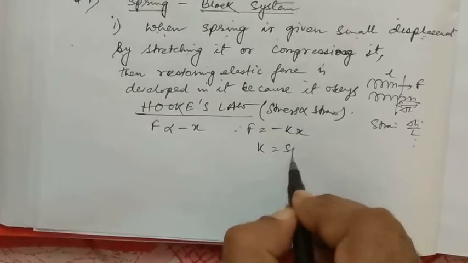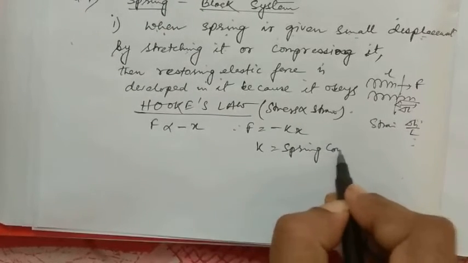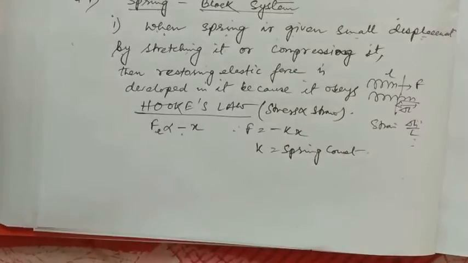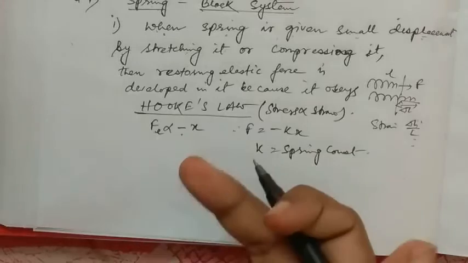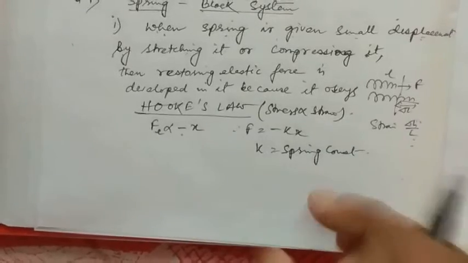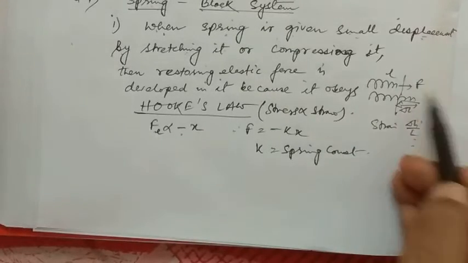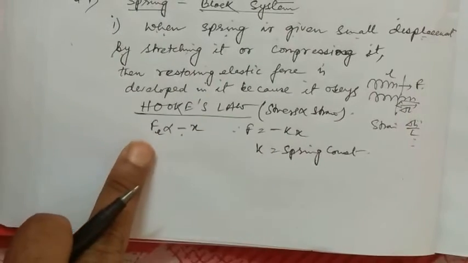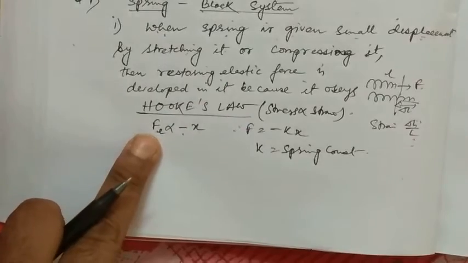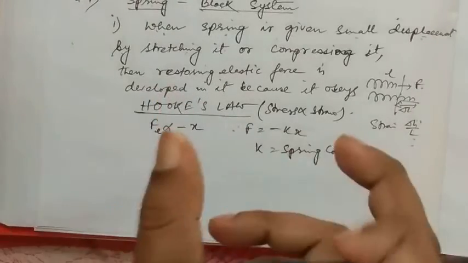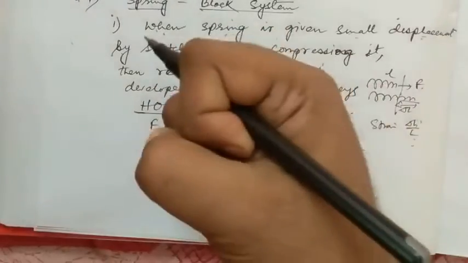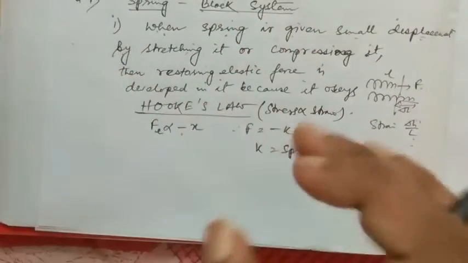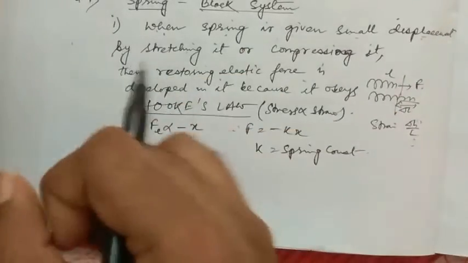Here k is known as the spring constant. Now why a minus sign here? Because this force is the elastic force developed in the spring due to our external force F. This was the external force F. The internal force developed in the spring to restore its original shape and size means that if we try to expand it, the spring will try to compress itself, and if we try to compress it, the spring will try to expand itself.